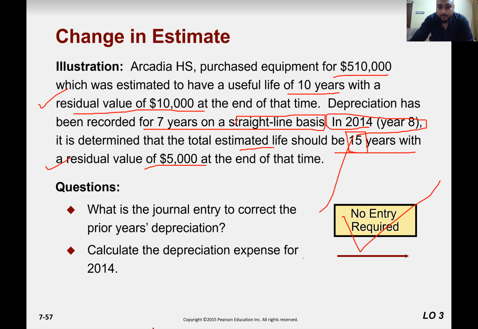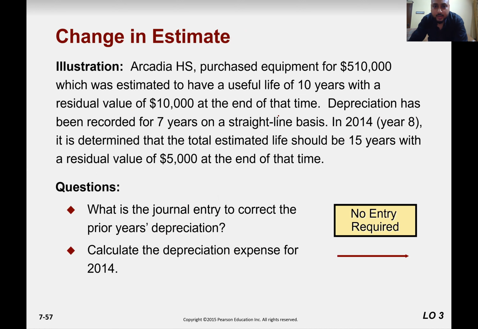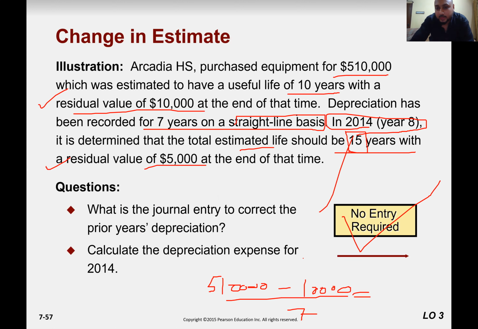so we have 510 minus 10,000 divided by 7. Oh, sorry, not 7, 10 years, sorry.